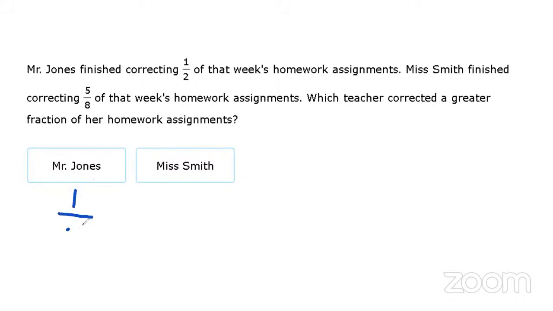We have Miss Smith's 5/8. What do we need to consider when we're answering this question? What's a very important point that we must acknowledge before we can answer this question? Because as I can see, half and 5/8 just look like some fractions, and I have to do something, whether mentally or on paper. But there is something that I must recognize between these two fractions.